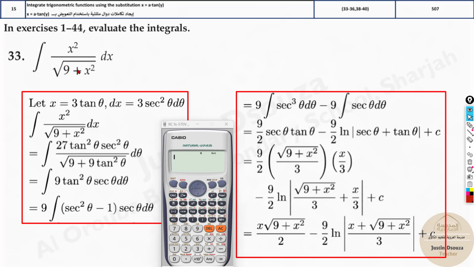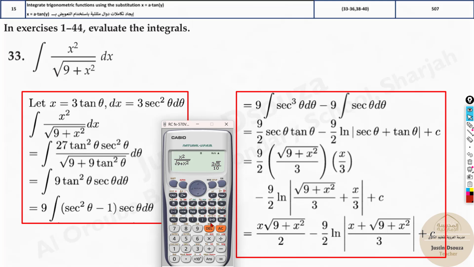First thing is this one over here. When you integrate, you get this answer. So when you differentiate the answer, you ought to get back the question, isn't it? So don't do anything to this question. Type it as it is. So it's x squared, let's use the fractions, x squared divided by square root of 9 plus x squared. Now calculate this, ignore the integral and dx, at 1.5 or something like that.